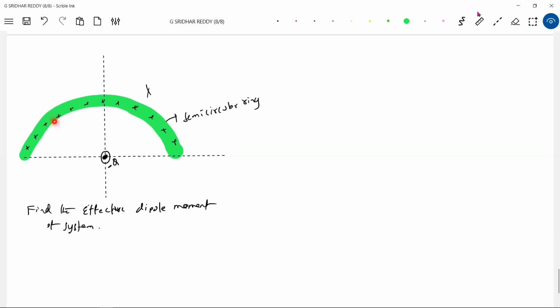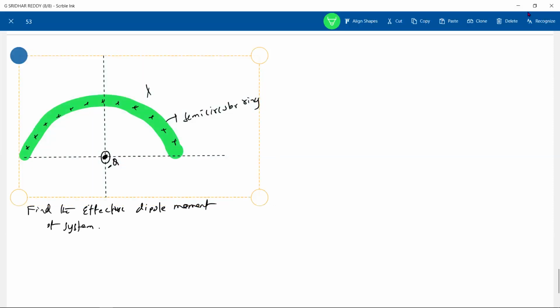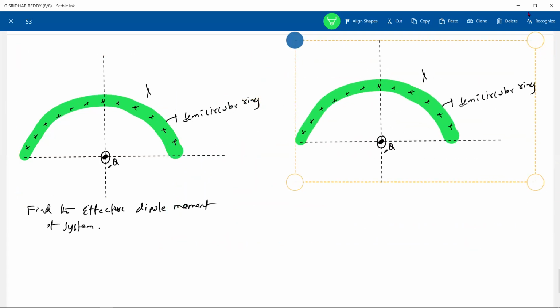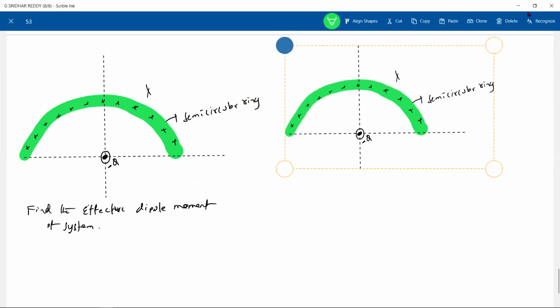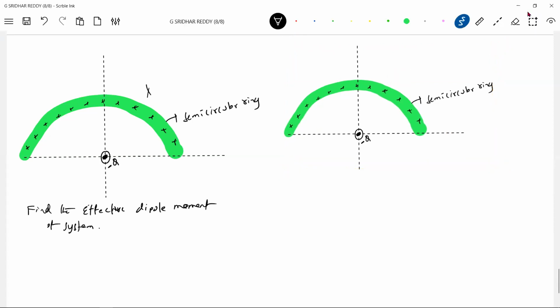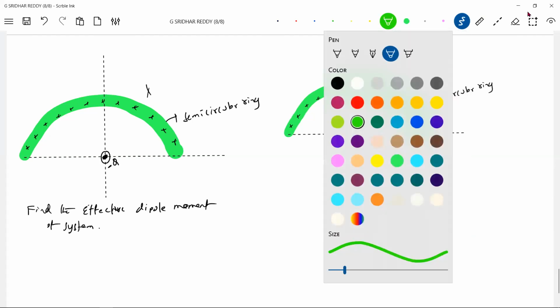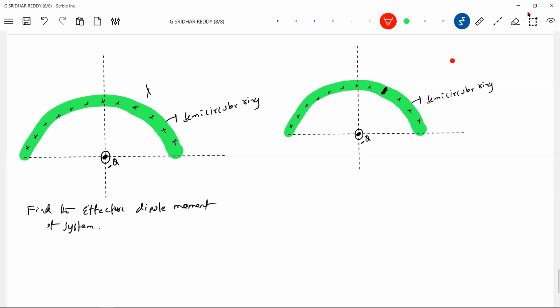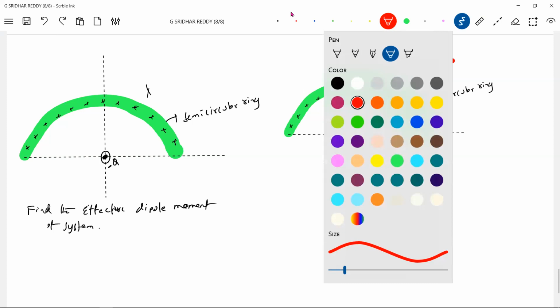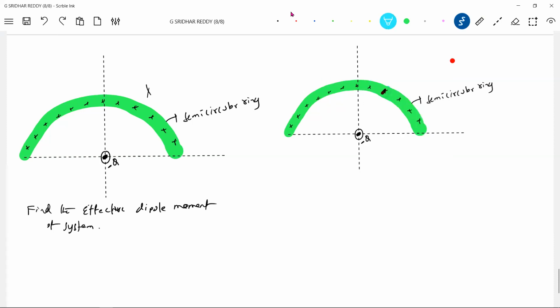So again, I'm going to assume there's a diagram. No, let me take another one for working. Yeah, so we'll assume the similar idea. The same similar method that we did.